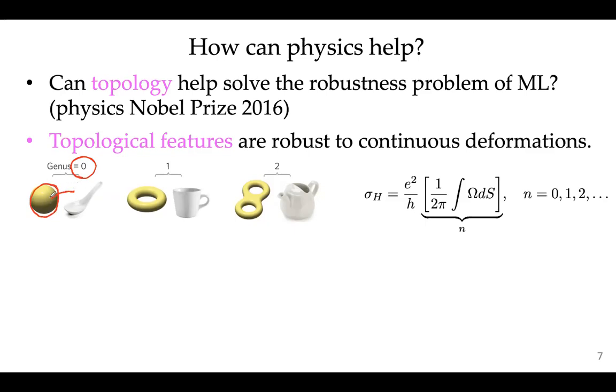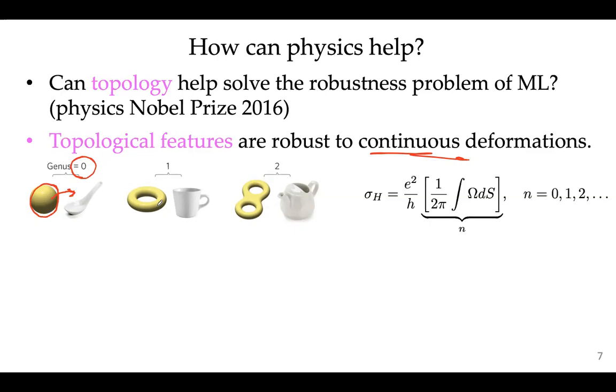This sphere doesn't have any holes, so you can continuously deform it, and that's the key here, continuous deformation, into a spoon, for example. You cannot continuously deform it to a torus or a bagel shape because you have to make a hole, which is not allowed.